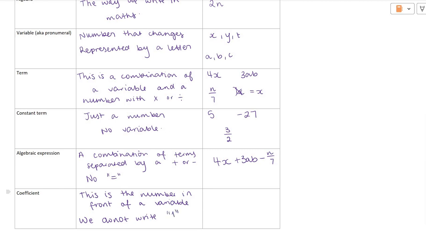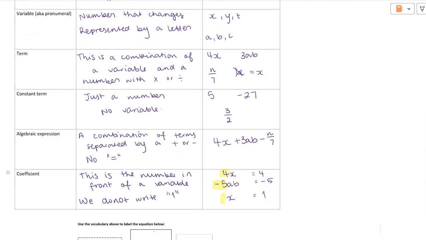Okay, so in the examples we had a 4x, and I'm going to give you like a negative 5ab, and then we'll do x, okay? Our coefficients here are 4, negative 5, and then 1, which we do not write, okay? So we've got 4x has a coefficient of 4, negative 5ab has a coefficient of negative 5, and x just has a coefficient of 1.